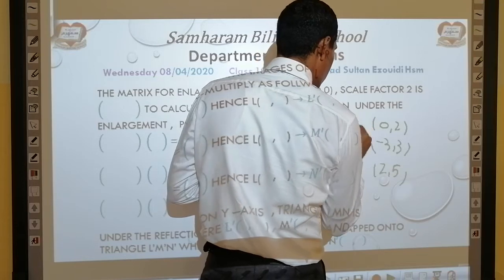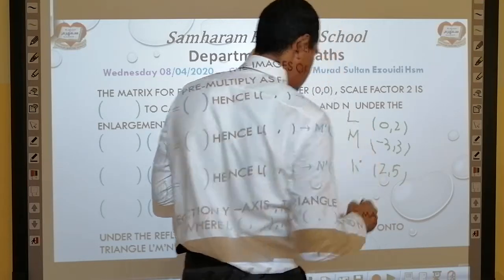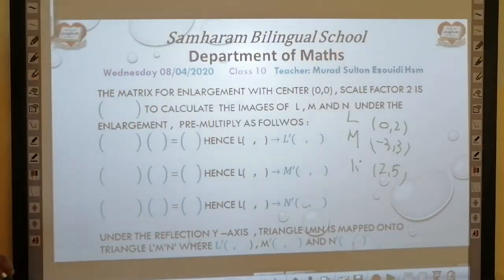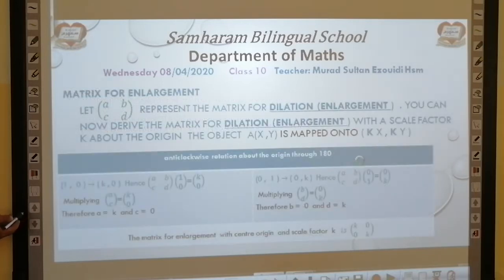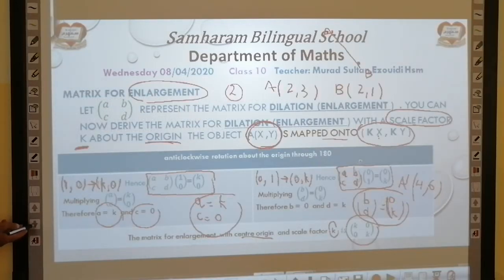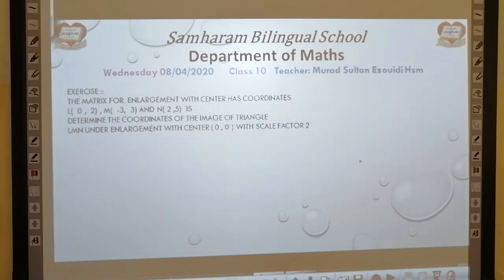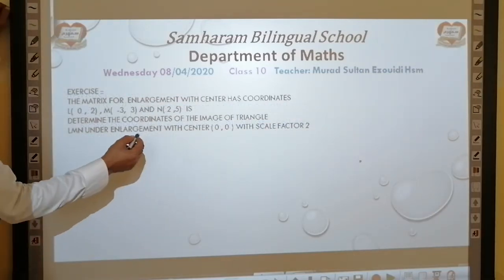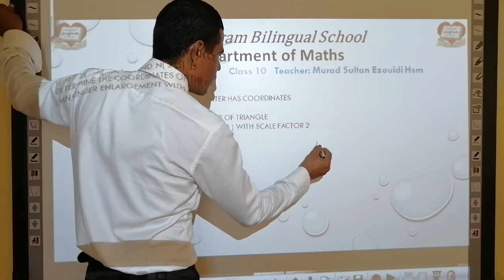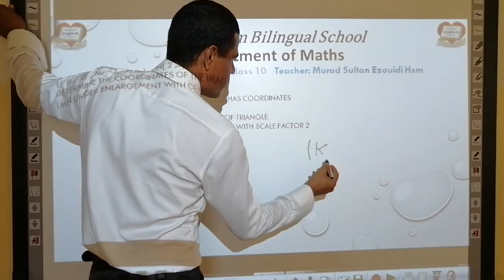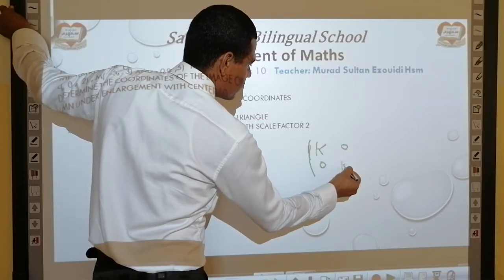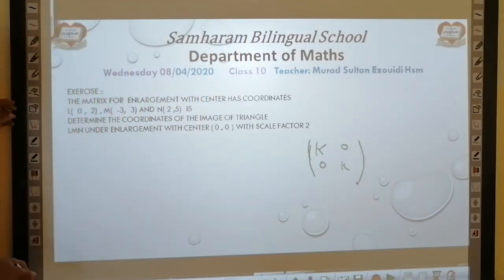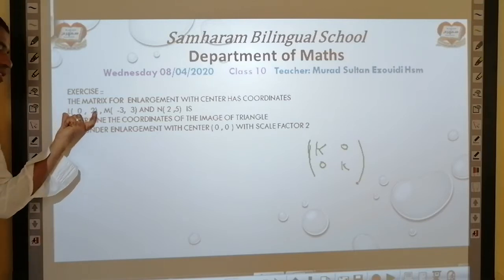This is L, M, N. So we told that the matrix for enlargement is k, 0, then 0, k. I will try to find the coordinates of the image.